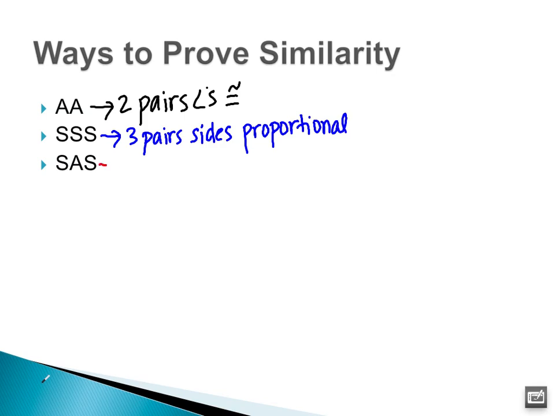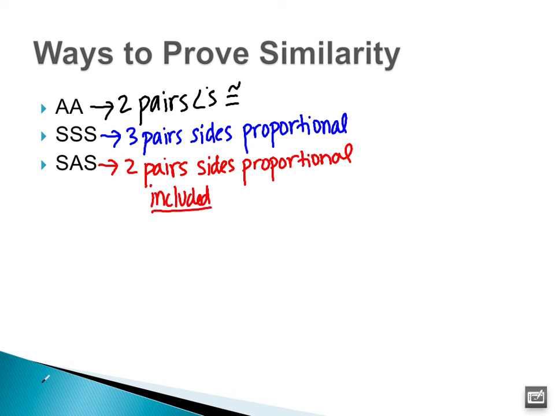And then we have SAS, which is showing that 2 pairs of sides are proportional and the included angles are congruent. When you come into class, we're going to do some examples with all 3 of these theorems.